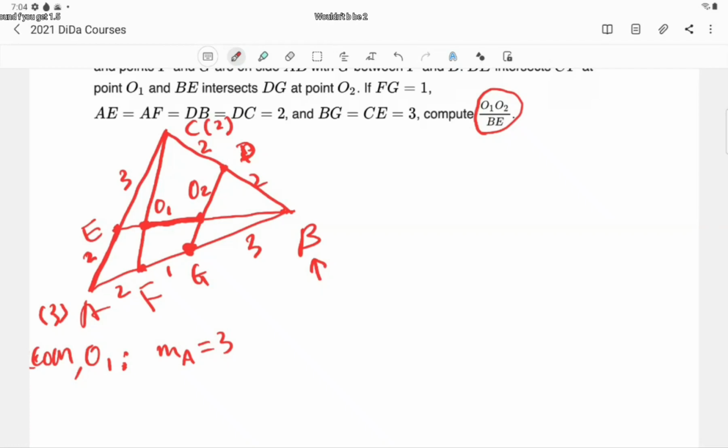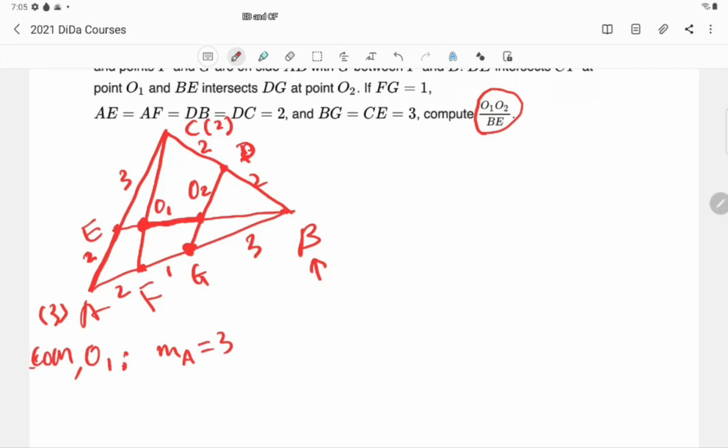Okay, so that's the answer, one by one. So first, remember, what's the center of mass we're trying to make it? Which point are we balancing around? O1. What are the Cevians or transversals passing through O1? Cevians, right?